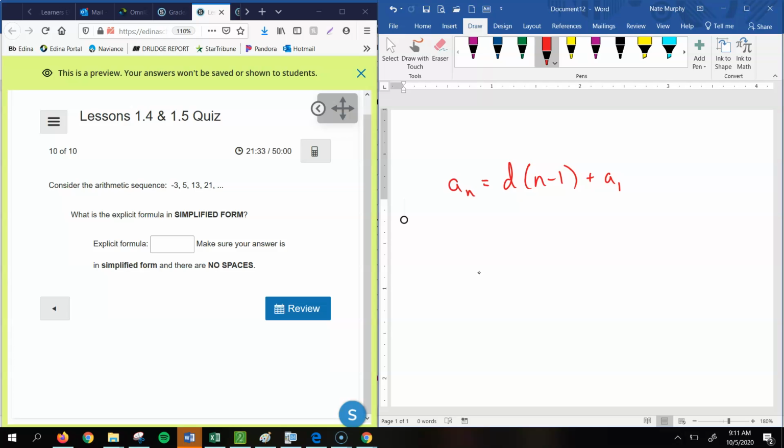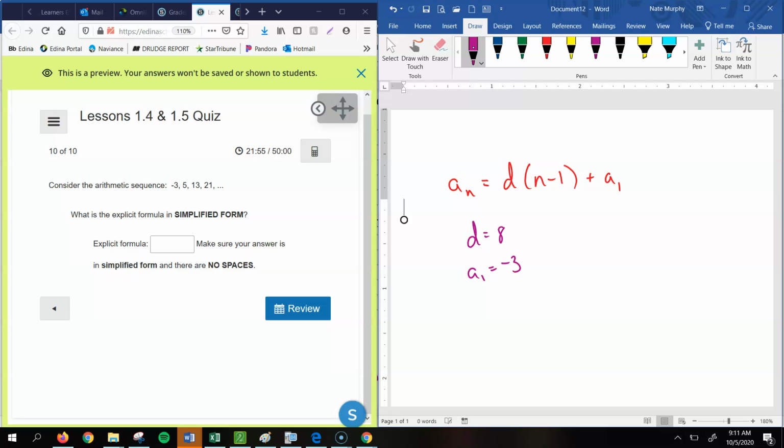All right, so we need to figure out first off, what's our constant difference? So I see we're going from -3 to 5, from 5 to 13, from 13 to 21. So we're adding 8 each time. So our constant difference is 8. And the n is going to stay a variable, so that's not going to change. And we can see that our first term is -3. So I'm just going to plug what I know in here.